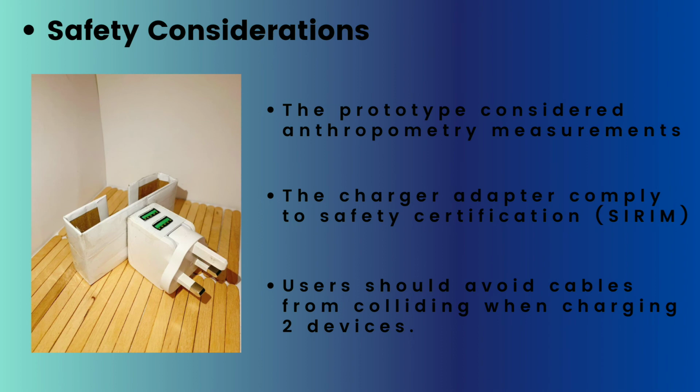Users can safely charge their phone while having it in the holder. However, the prototype includes two USB cable ports. Users need to avoid the cables colliding when charging two devices at the same time.